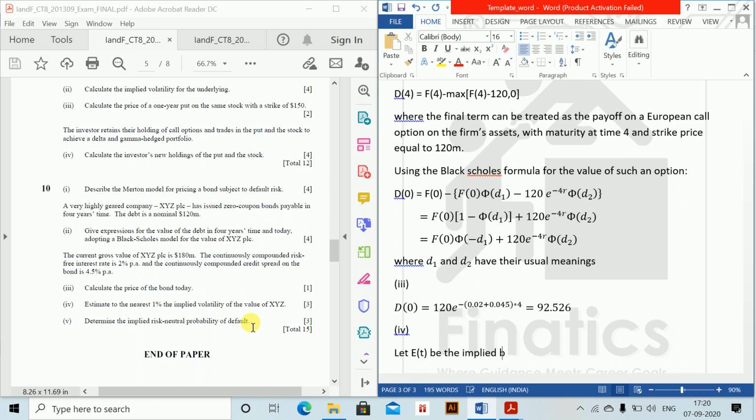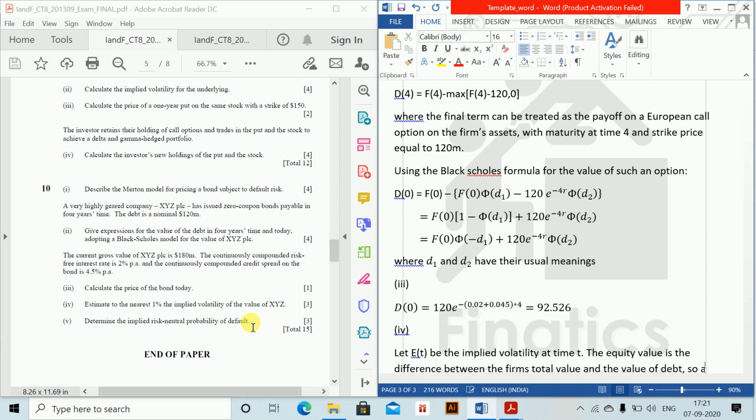The equity value is the difference between the firm's total value and the value of debt.